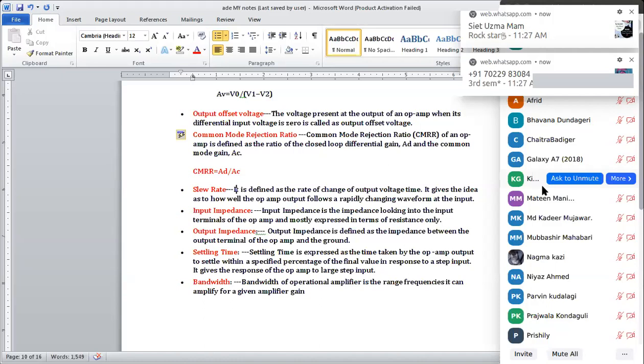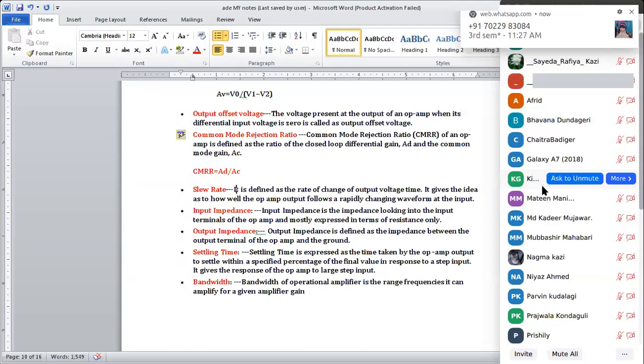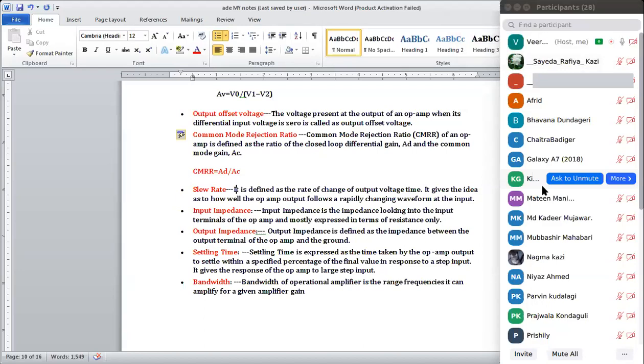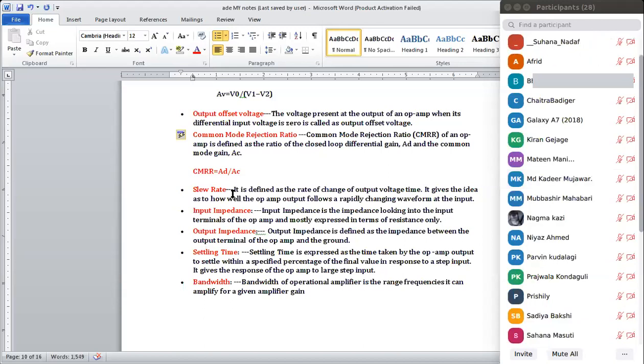Now, slew rate is the rate of change of output voltage with time, that is, how rapidly the output is changing for the input. Have you got it?